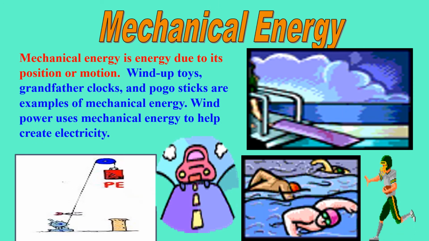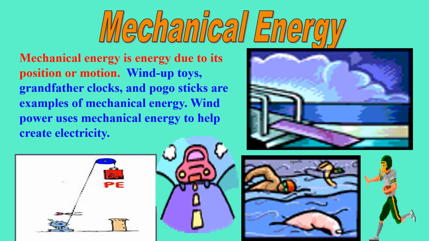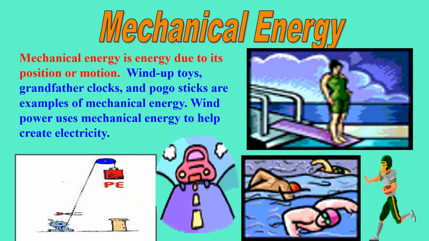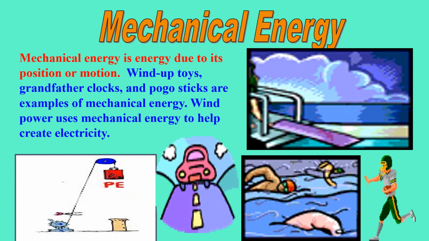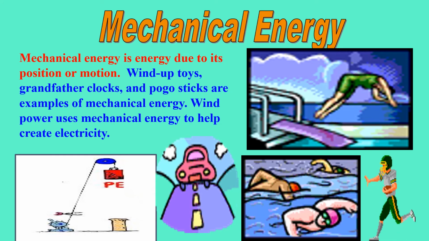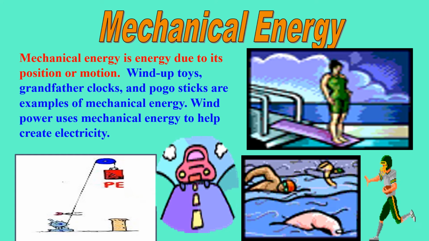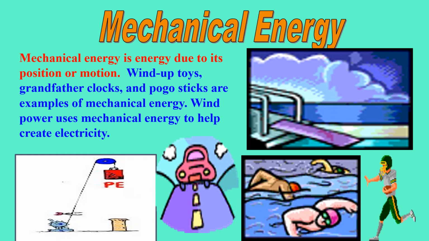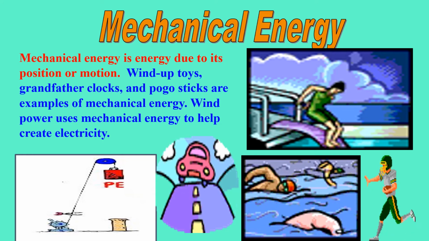Mechanical energy is energy due to position or motion. Wind-up toys, grandfather clocks, and pogo sticks are examples of mechanical energy. Wind power uses mechanical energy to help create electricity.